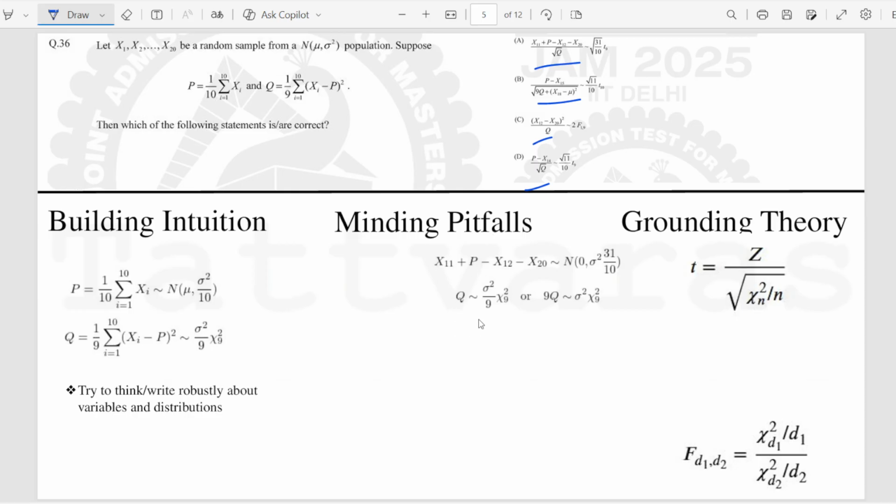With this theory in mind, we just tackle each of these options very quickly, starting with the first one. Now, this we know is normal mu with sigma square by 10. This is normal mu sigma square, this is normal mu sigma square, this is normal mu sigma square.